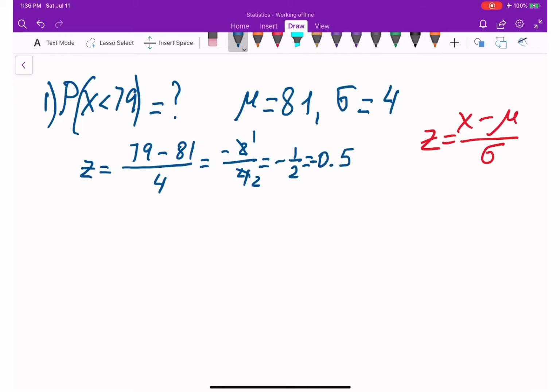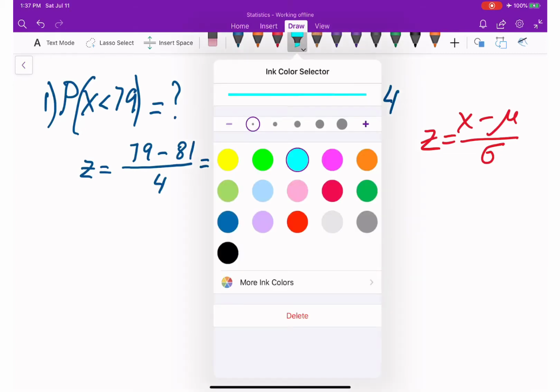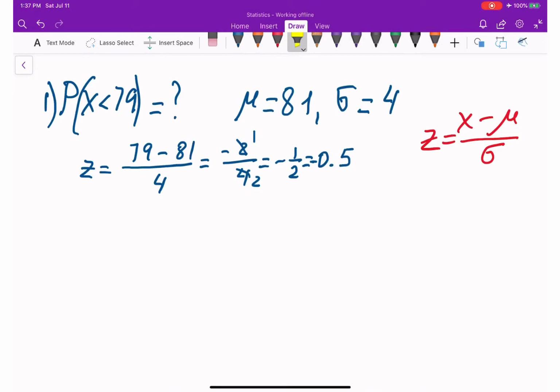Okay, what is interesting, first of all, I want to mention that the table I'm going to use represents the probability that is less than, not greater than. Because if I have a normal distribution, the tail can be right tail, left tail, and there are tables for right tail, left tail, or tables for between.